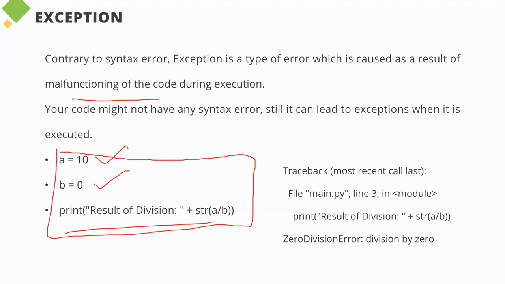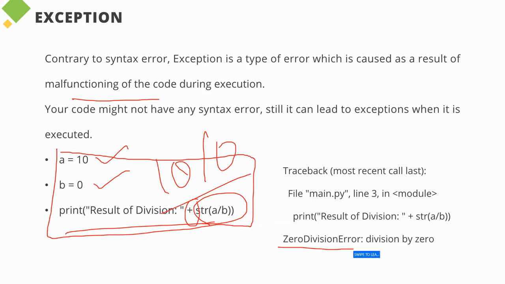There is no syntax error. The assignment operator is working nicely, print is followed by parentheses, you have used the concatenation operator, and the str function is fine. Everything is fine, but it's a very big mistake to divide 10 by 0. You can't divide, so it's a zero division error, as stated here.